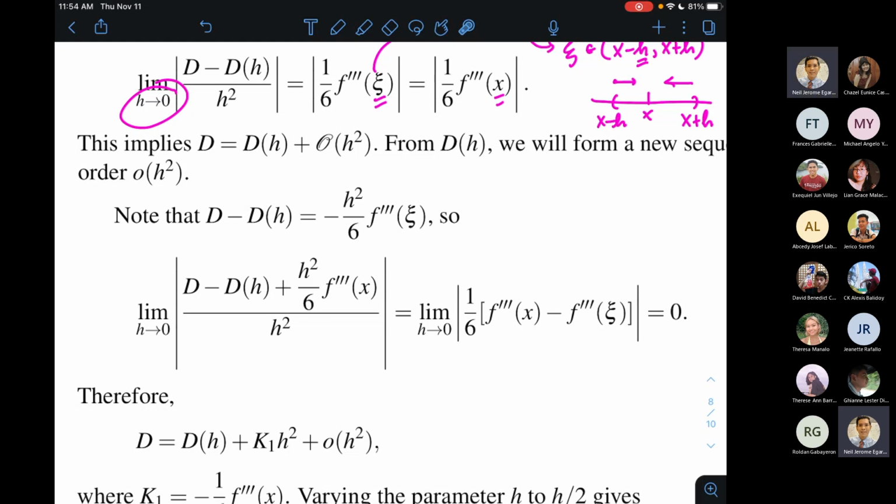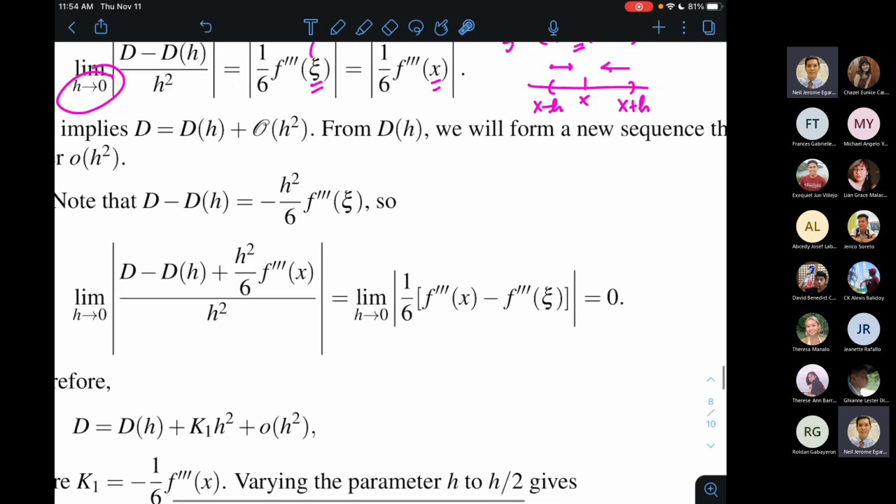So if we retrace the steps, there is an h squared, but you will be left with f triple prime of x minus f triple prime of c. But we noted earlier that as h approaches 0, f triple prime of x and f triple prime of c will be the same thing. So this guy will vanish, giving us a limit equal to 0. So that is what we want to happen.